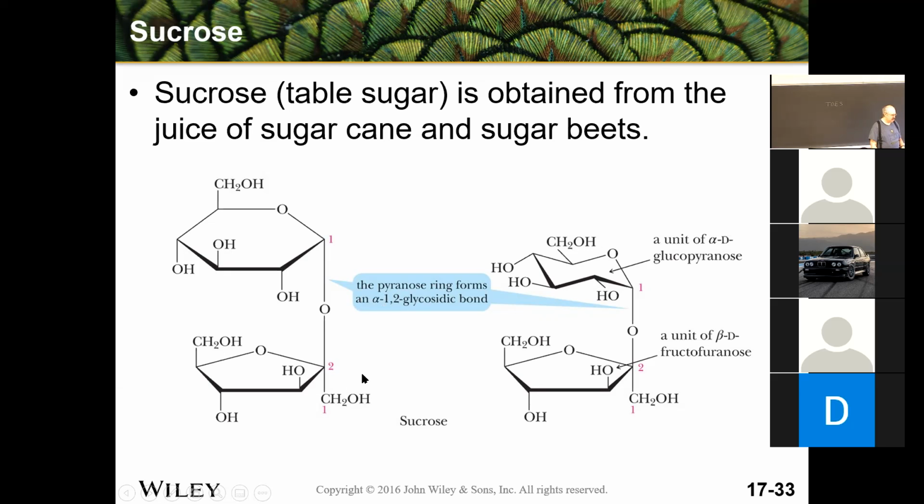In sucrose, the two anomeric carbons of glucose and fructose are connected by this ether oxygen. Here's the glucose, and the configuration of the glucose is alpha at the anomeric carbon. The O is pointing down. For the fructose, it's pointed up. And so it's alpha with respect to glucose and beta with respect to fructose.